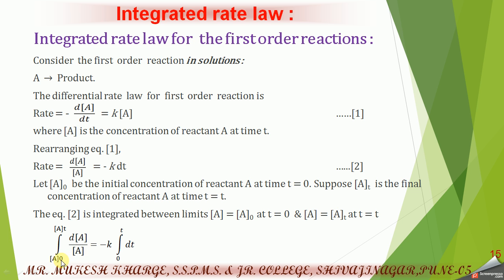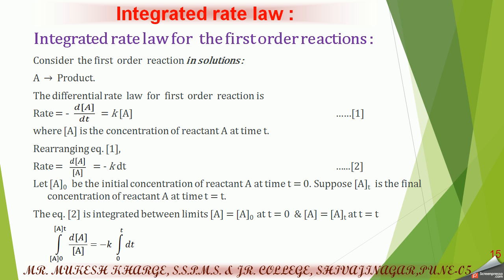We can write the integration from A0 to At of dA upon concentration of A, which is equal to minus k, which is constant, so taking it outside the integration, and integration of dt from 0 to t limit. Now if we integrate this, you must know some rules of integration: integration of 1 upon x dx is log to the base e, and integration of dx is nothing but x.